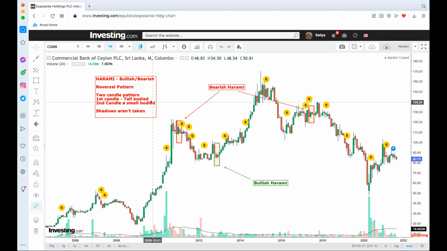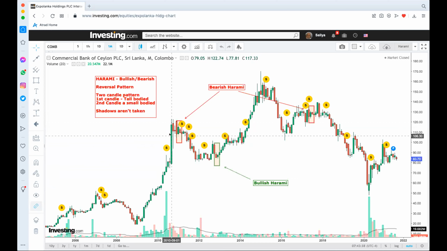Now, if I want to elaborate a little bit more on that, take this candle. Obviously, this is longer because it's a monthly candle, right? So the entire month, it has gone from a low of 77.81.